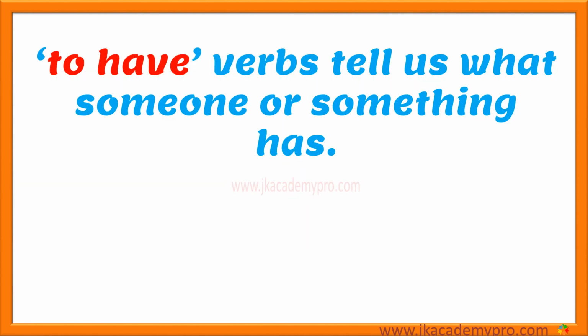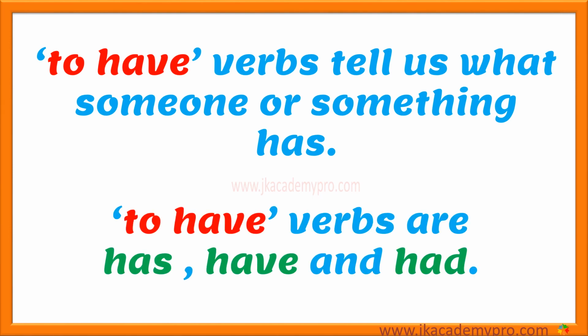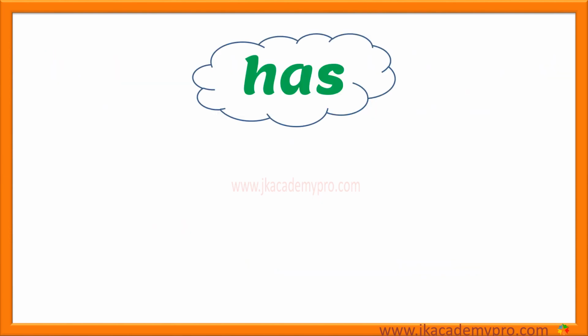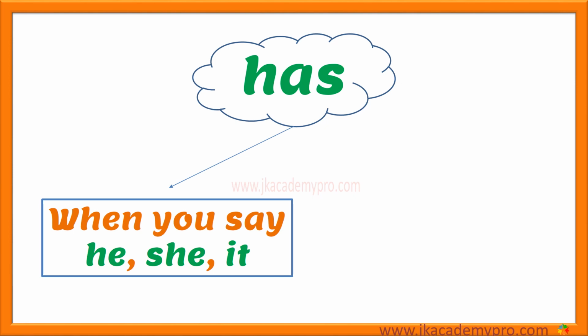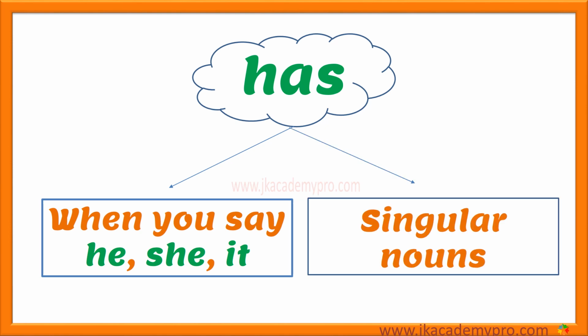To have verbs tell us what someone or something has. To have verbs are has, have, and had. Now let's understand when to use has. The verb has is used when you say he, she, it, and with singular nouns.